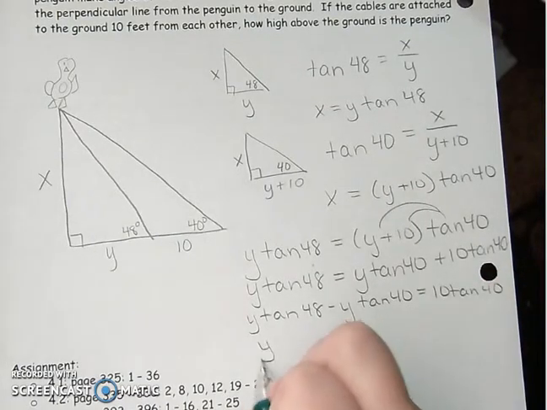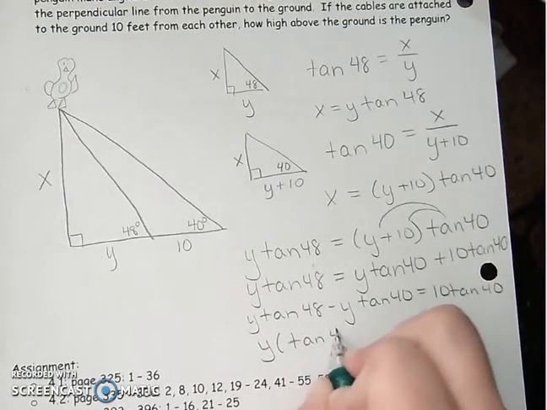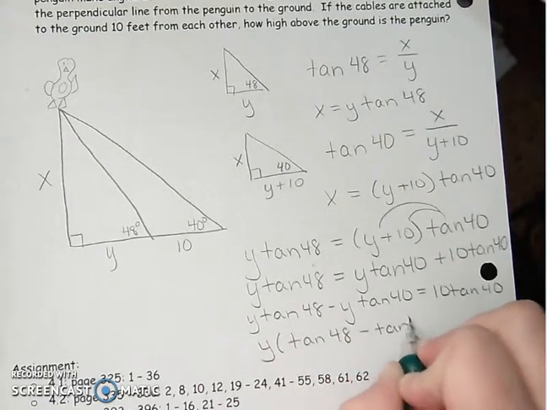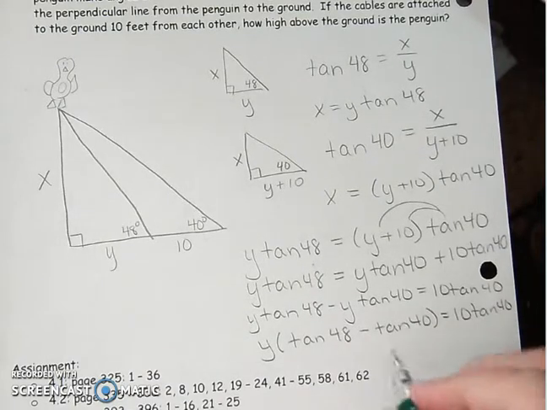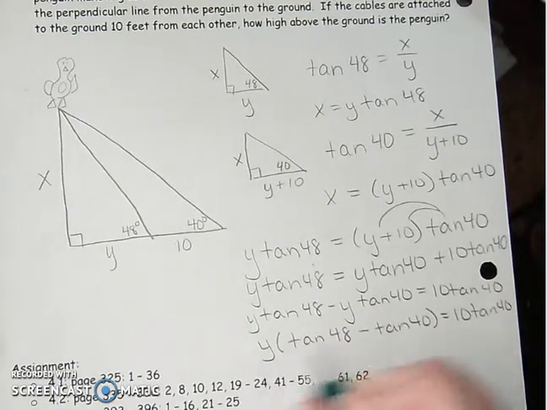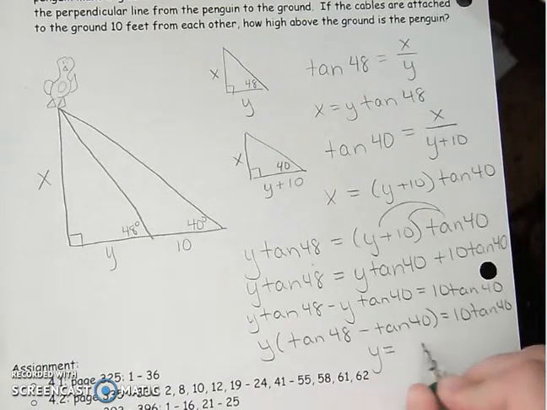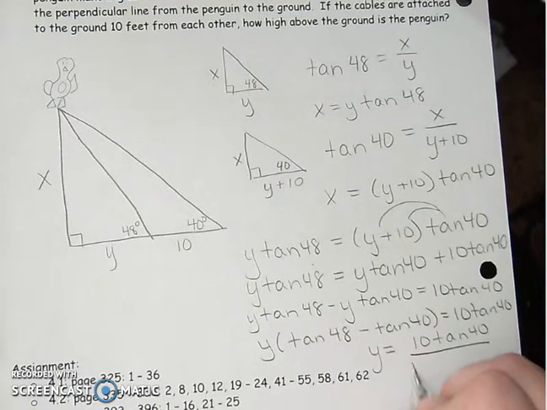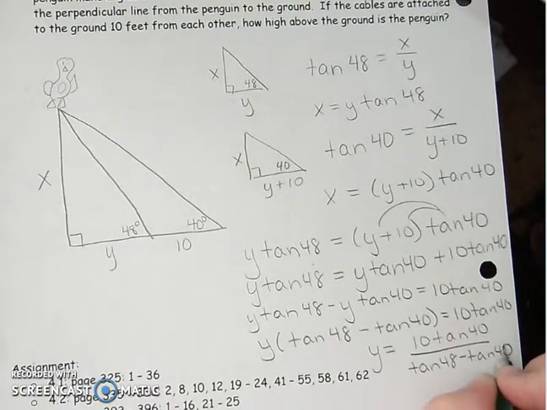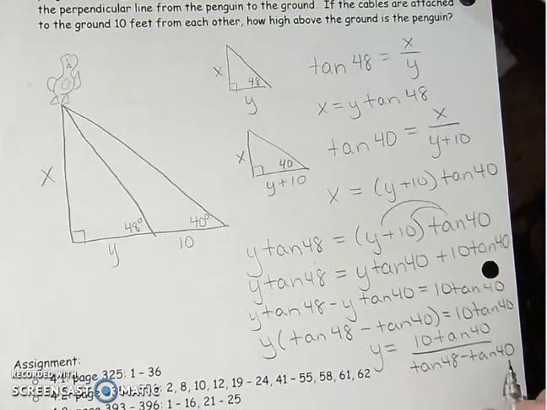I factor it out because it's the greatest common factor. Then I can just divide it away because now it's just y times this. So y is going to equal 10 times the tangent of 40 divided by tangent of 48 minus tangent of 40. And this is very tricky to type in the calculator.